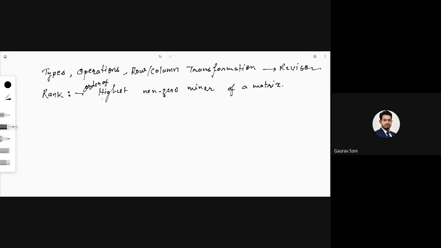So we saw that there were two methods to find out the rank. One was using echelon form, in which you roughly convert the matrix to a roughly upper triangular.